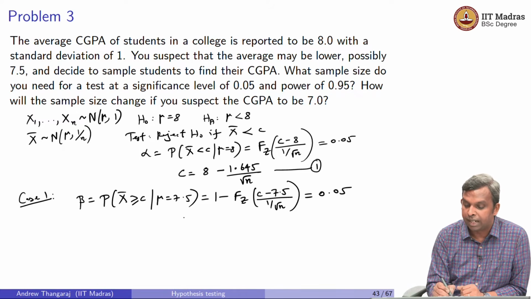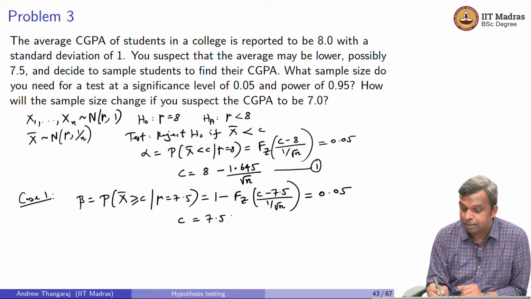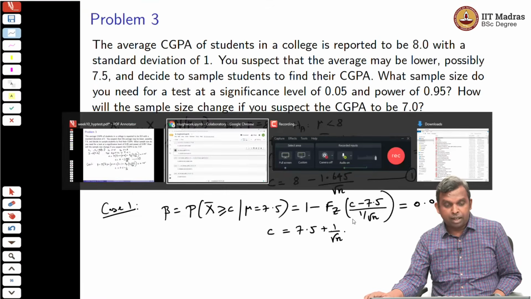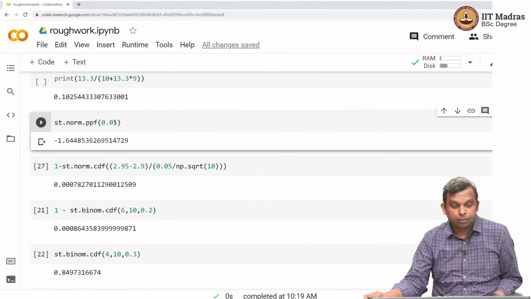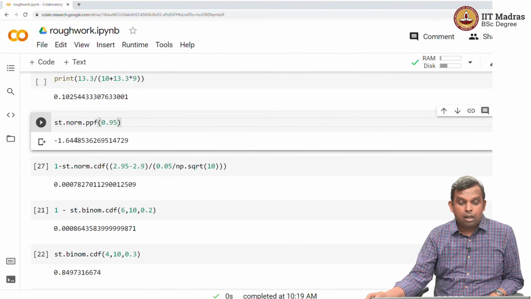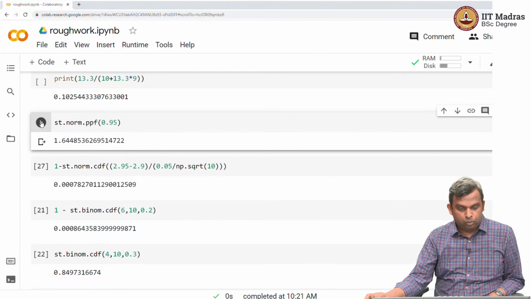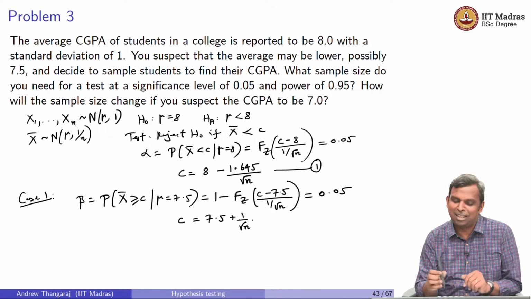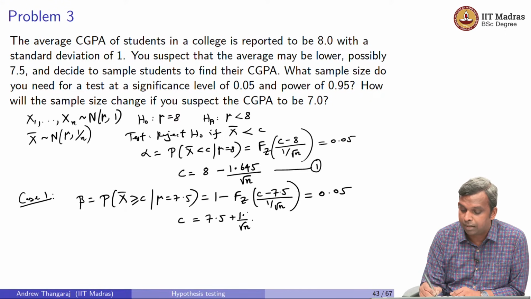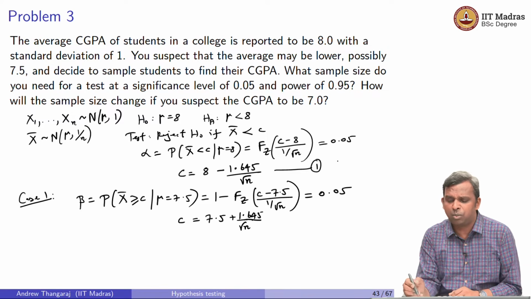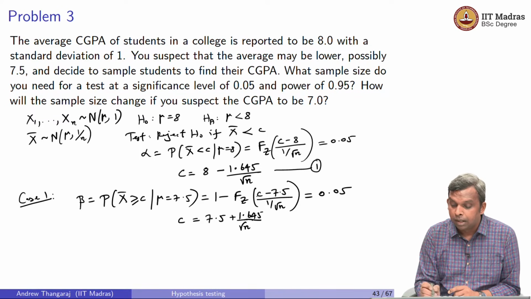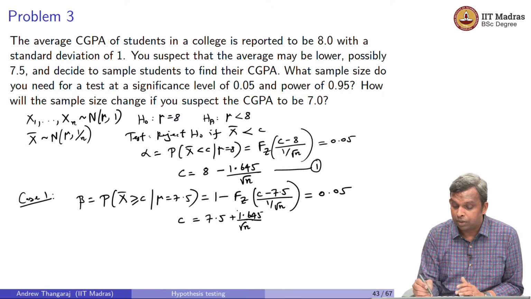So you get F_C of this equal to 0.95, so c is equal to 7.5 plus 1 by root n times F_C inverse of 0.95, and that is 1.645. Because of 0.05, you will get the same answer here. You can see why this has to work out like that. So this is equation 2.